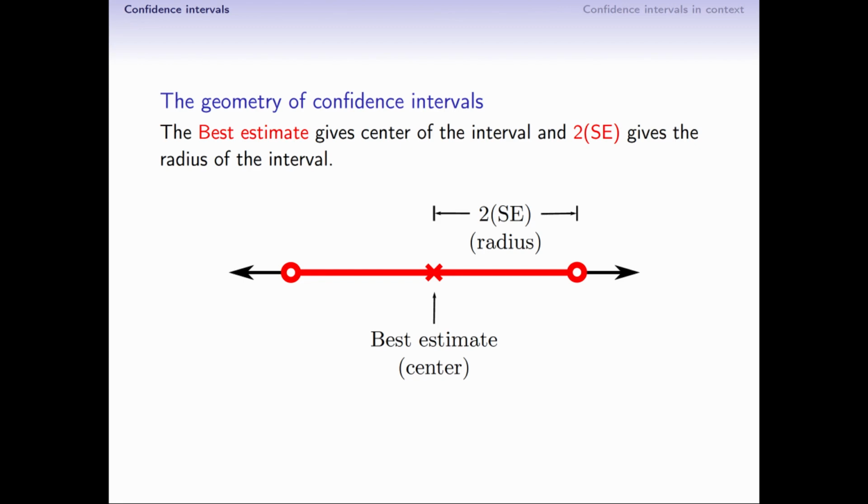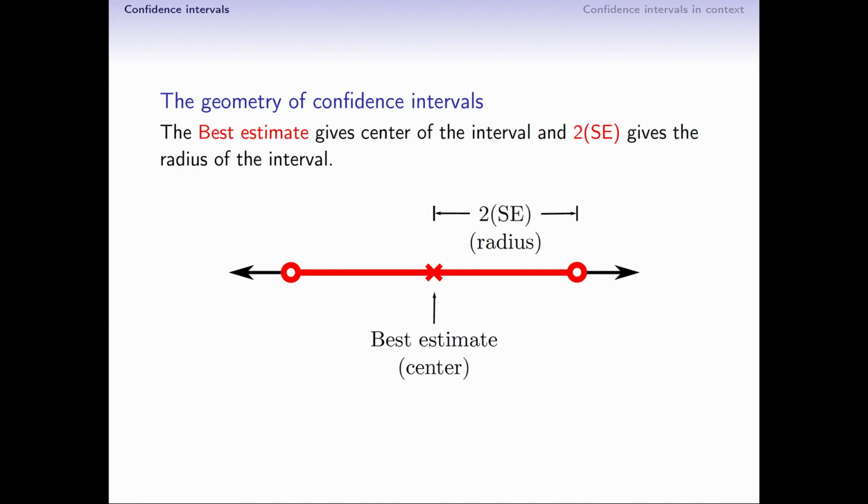The width of our confidence interval, which is obtained by multiplying 2 times the standard error, is not going to change. So we should imagine these confidence intervals as intervals of more or less equal width, but whose centers are changing according to the particular sample that we've drawn from the population.